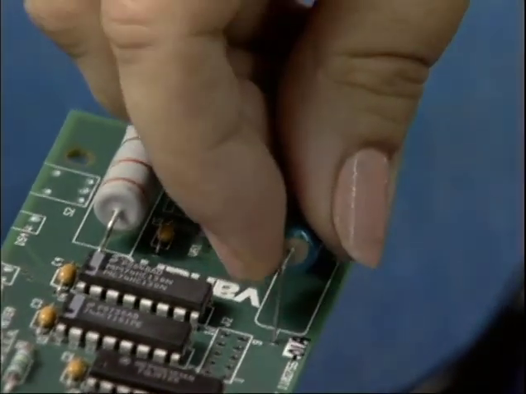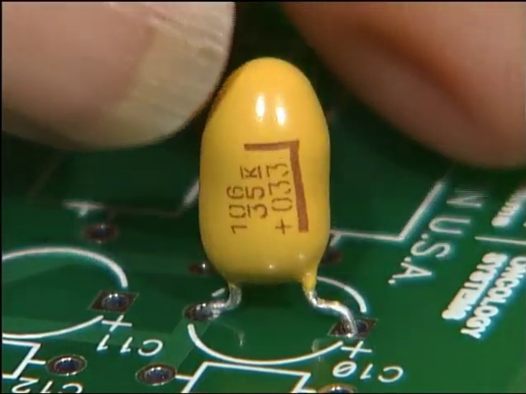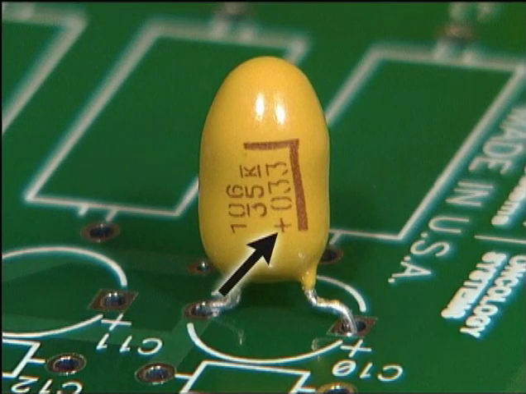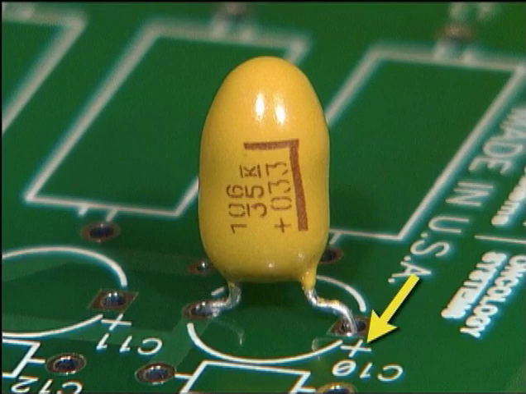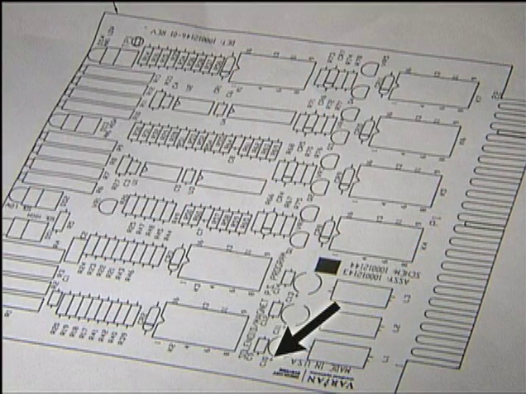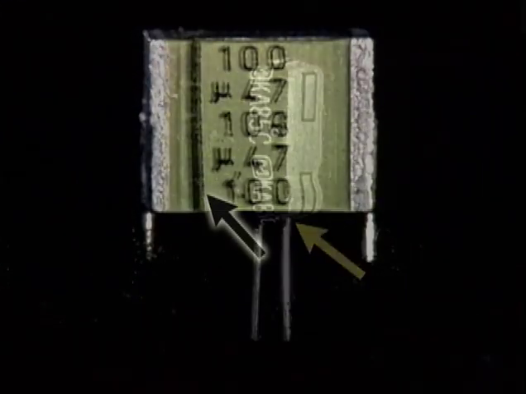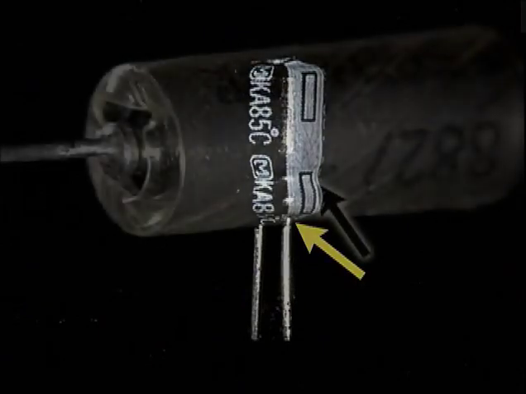Polarized capacitors also come with either axial or radial leads. The positive lead, or anode, will usually be indicated by a plus sign. This same plus sign is usually on the circuit board and will be on the assembly drawing. There may be other types of markings to identify polarity on the capacitor.